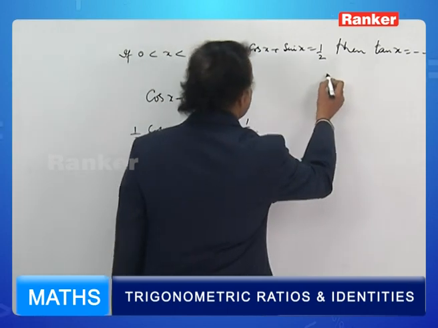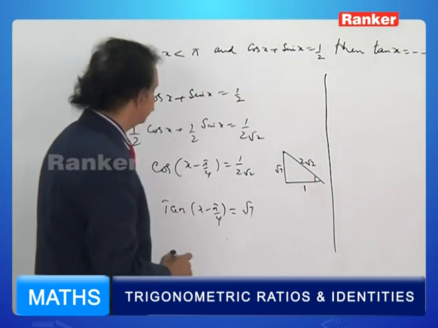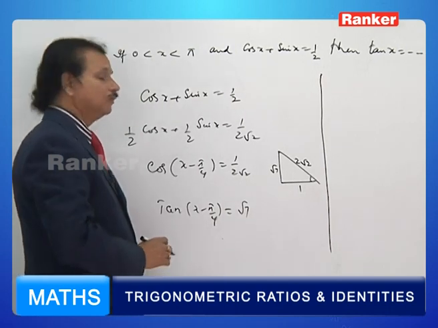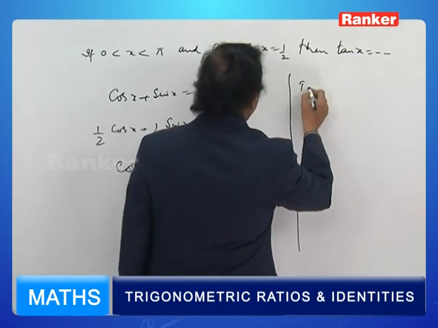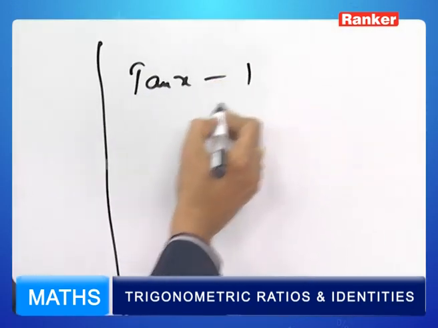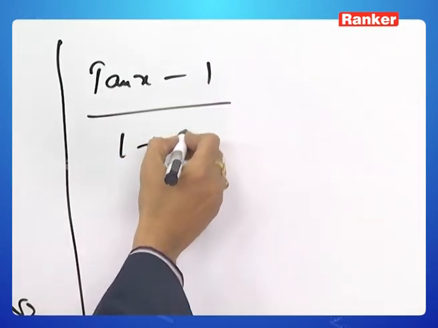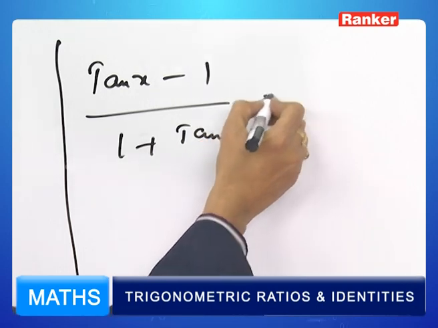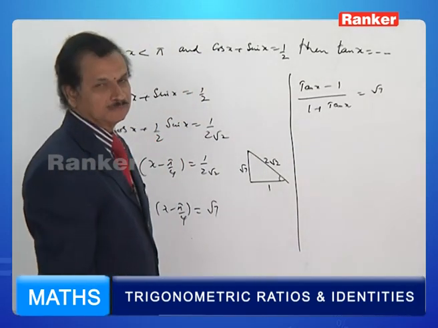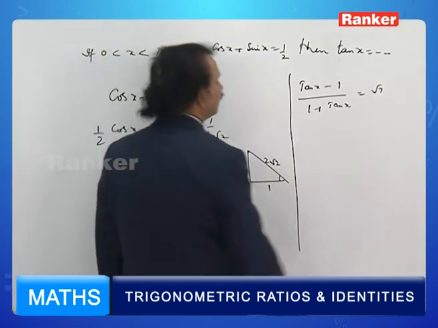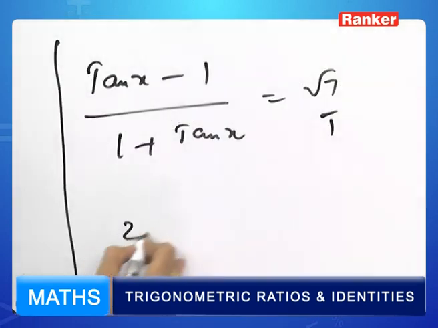Well, what is tan of (x minus pi by 4)? Tan x minus tan pi by 4 by 1 plus tan x tan pi by 4 is equal to root 7. It is (tan x minus 1) by (tan x plus 1). Use componendo dividendo. What happens? This plus this is 2 tan x.